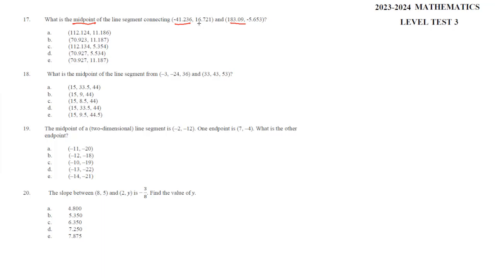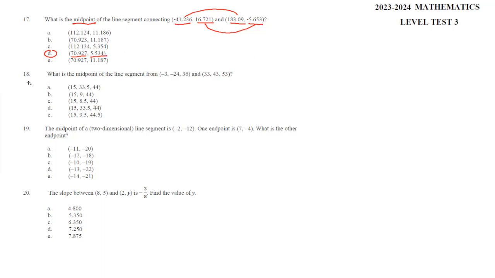Maybe I'm going to need my calculator. And then 16 plus a negative 5 is what? 11 something divided by 2 is a 5. So the only thing that we're going to get, I believe, is going to be D. Yeah, so you can punch this in the calculator, take this plus this divided by 2, and this plus this divided by 2, and you'll end up exactly right there and there.